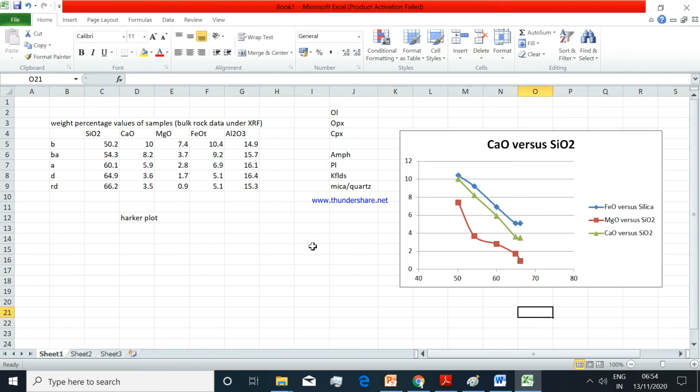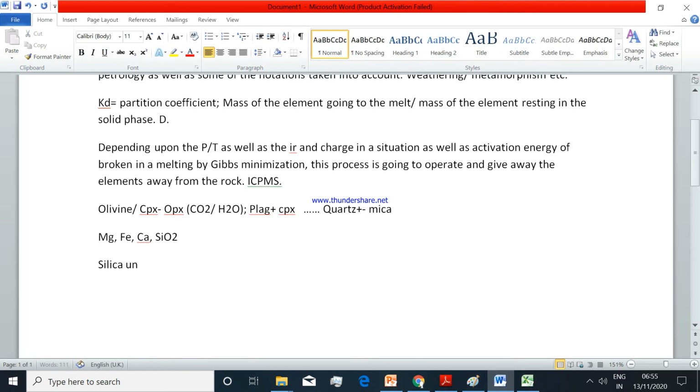This is a simple Harker plot, that is a bivariate plot, and that's how we can say that olivine, orthopyroxene, clinopyroxene were crystallizing when the crystallized rock had more proportion of olivine and pyroxene in them, because olivine is a much more silica undersaturated mineral, as well as clinopyroxene is less rich in silica with respect to feldspar.